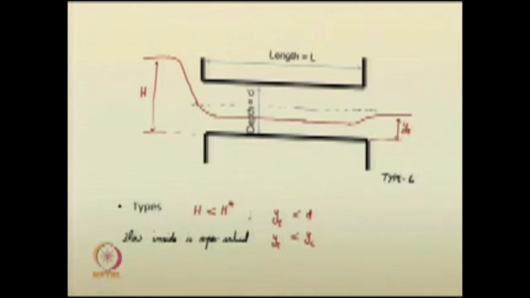So if you want to provide supercritical flow inside the culvert, the control is kept upstream. If you provide a control in this portion, you will get supercritical flow inside the barrel. Like this we have discussed the flow types in culverts, and we would like to conclude the portion on culverts at this location.